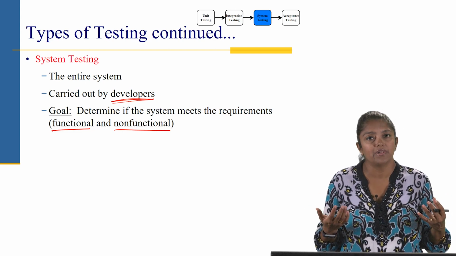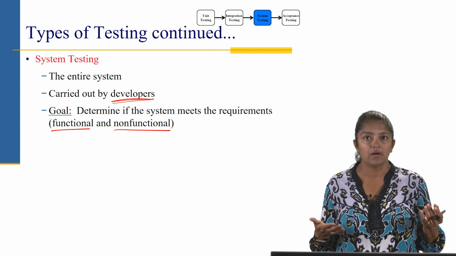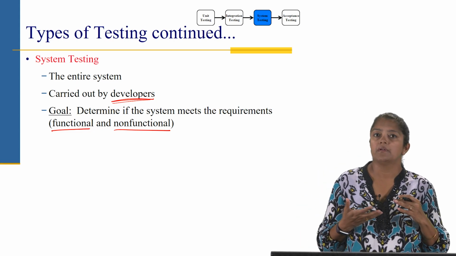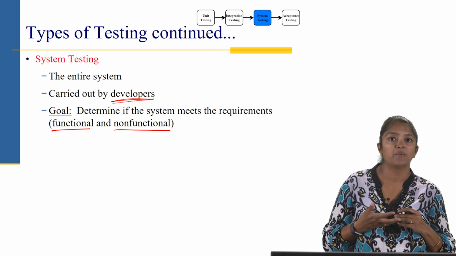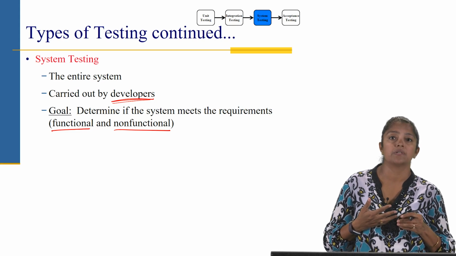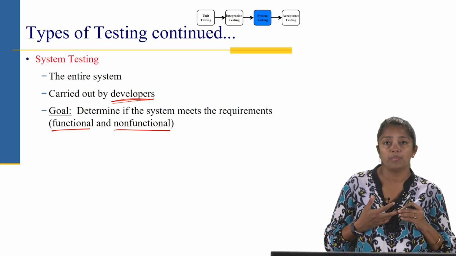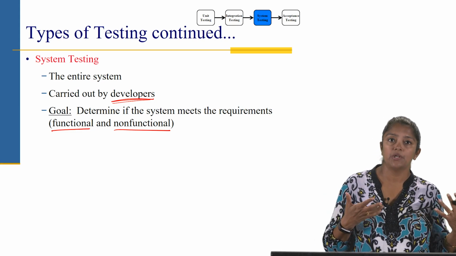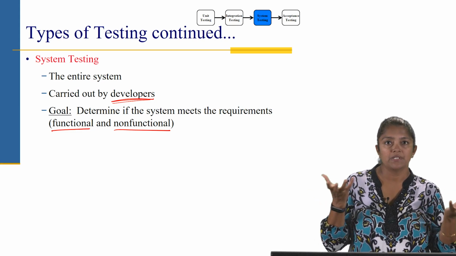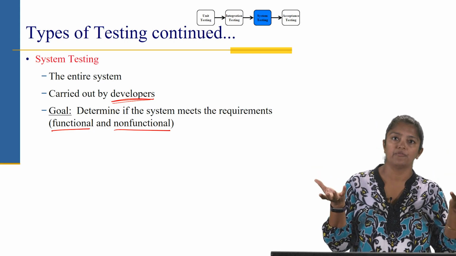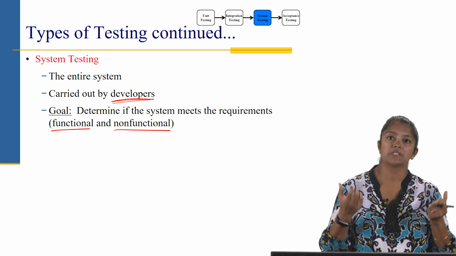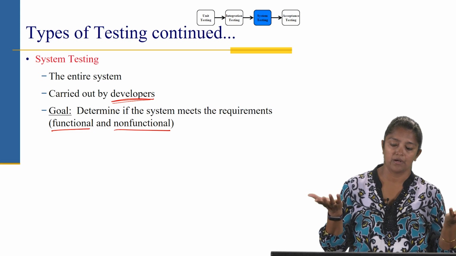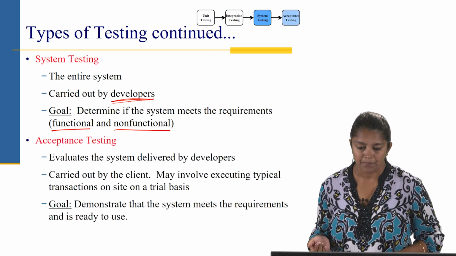Those kinds of things are non-functional requirements. There could be other non-functional requirements related to security. We want a secure system. One of the popular non-functional requirements these days is usability. We want a system that's usable. So requirements are classified into these functional and non-functional, and when system testing is done, we're testing for both of those kinds of requirements.